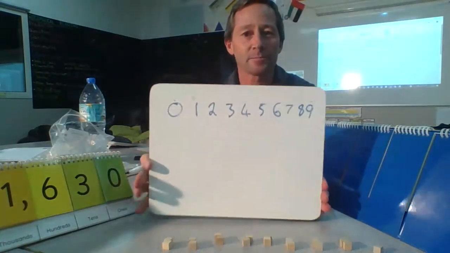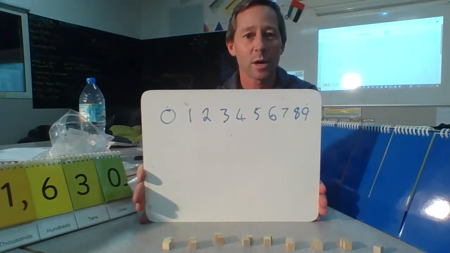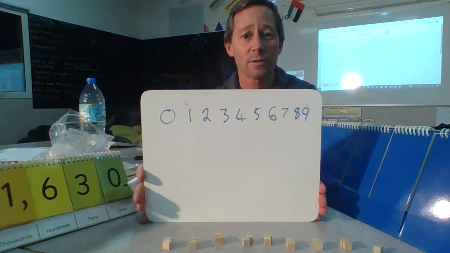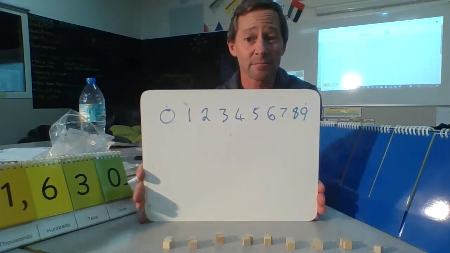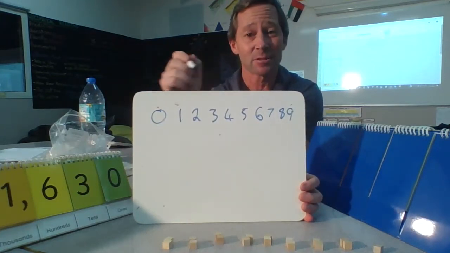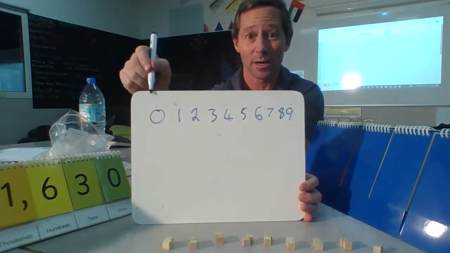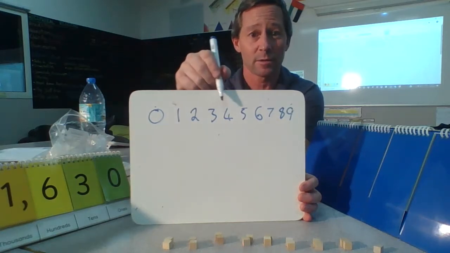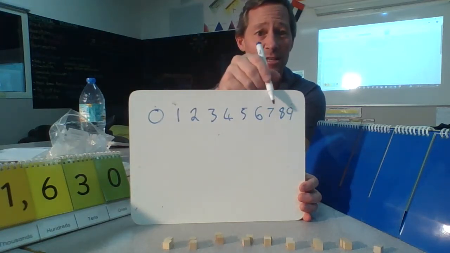Did it match that? 0, 1, 2, 3, 4, 5, 6, 7, 8, 9. 9 in total, including the 0, makes 10.